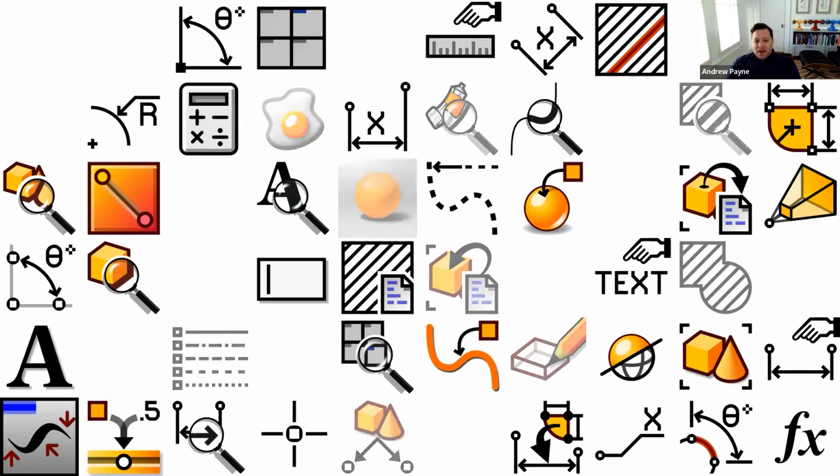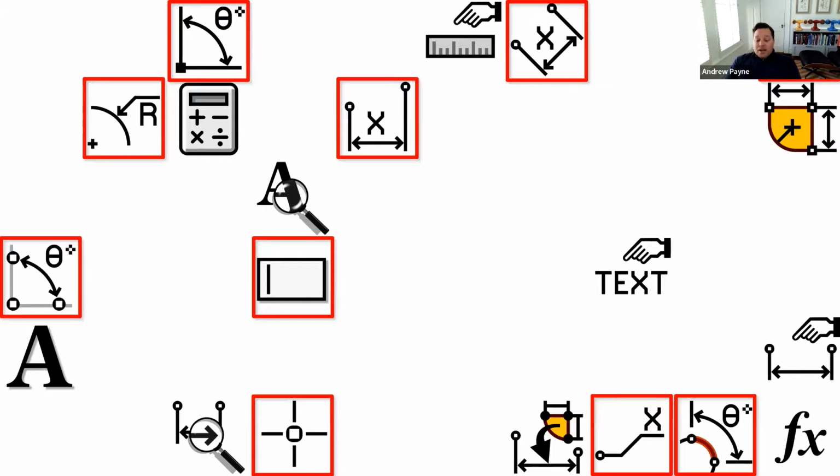But we didn't want to stop there. That's really powerful and already lets us do a lot of things. But as I mentioned in the intro, we also recognized that there was a missing need for annotations.